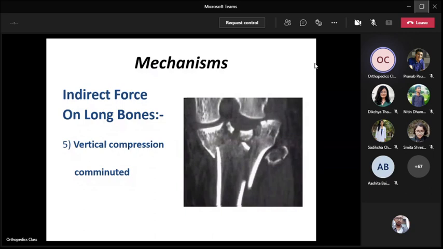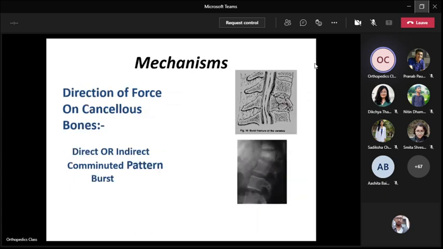When there is a vertical compression that produces more than one fracture fragment, that is called a comminuted fracture. There are multiple pieces of the fracture here. Similarly, in the spine, because the nature of the bone is cancellous, it is soft. So when there is a direct or indirect force, it may produce a different pattern, that may be a burst or a wedge compression fracture pattern.